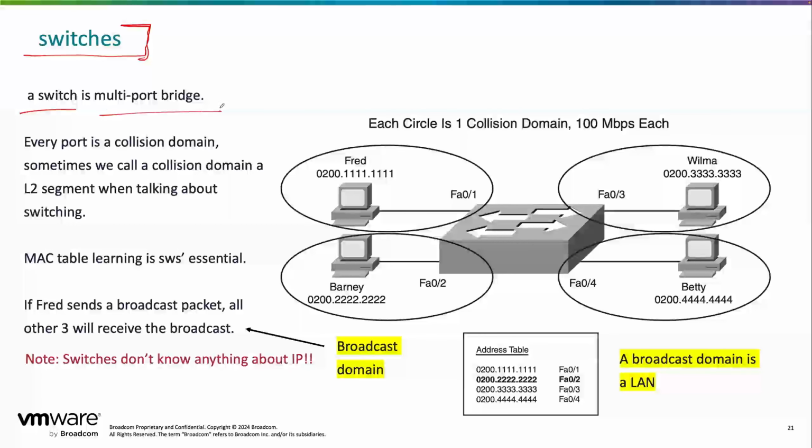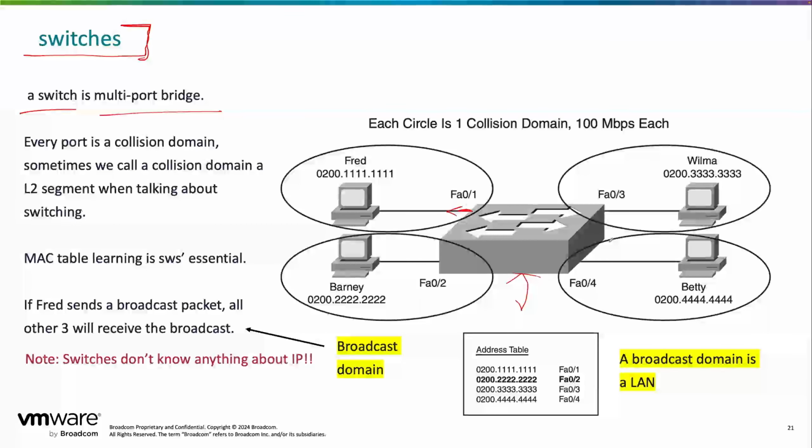A switch is a multi-port bridge. Generally speaking, the bridge only has two ports, as shown in the last slide. But a switch is a multi-port bridge like this. It has 4 ports and 4 collision domains, because every port only connects to one device. So there's no collision because only one device dominates the whole collision domain.